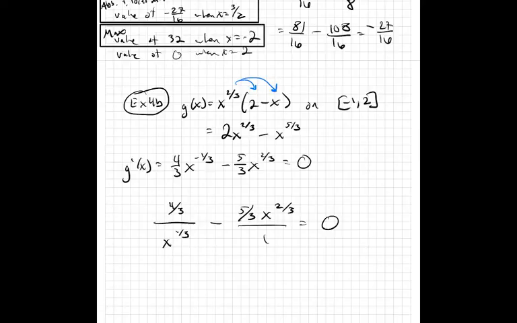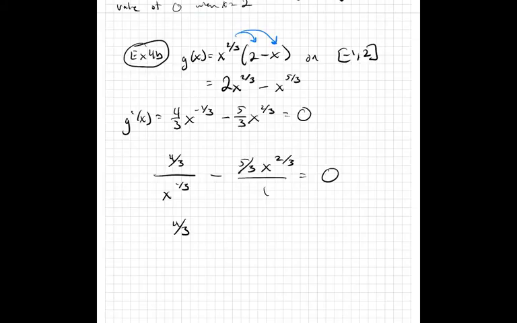So if we get a common denominator of x to the 1/3, we're going to have what? 4/3 minus. That's going to be just an x, right? So we're going to have 5/3 x over x to the 1/3 equals 0.